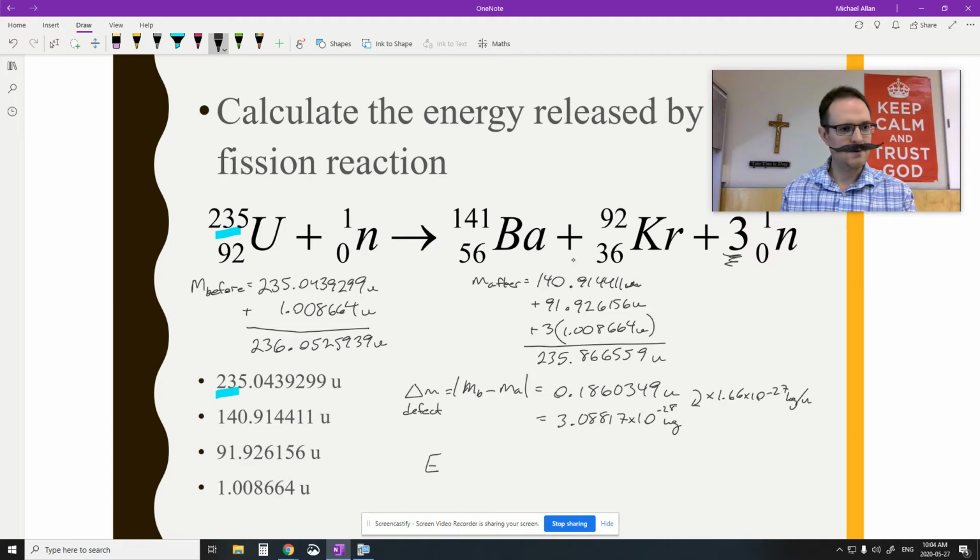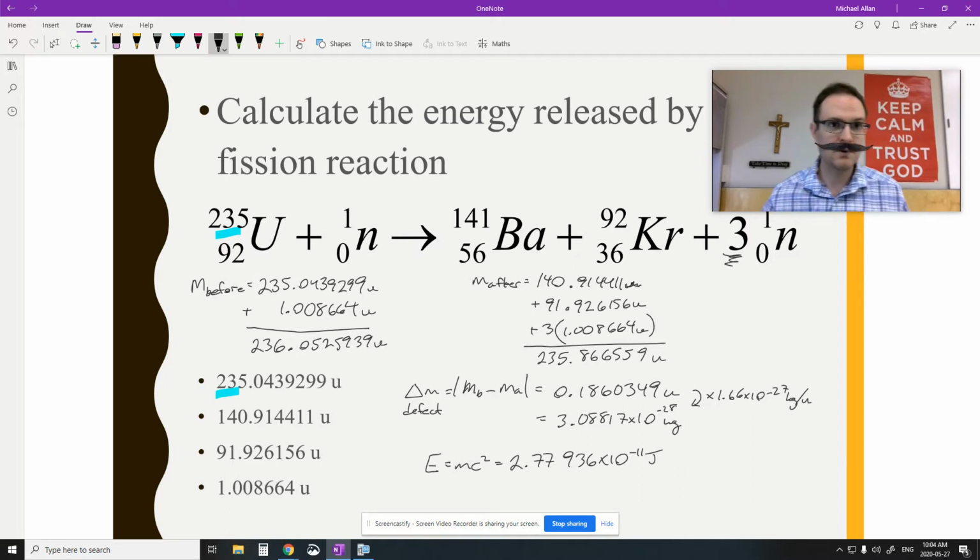Okay, then I'm going to find the energy here. Easily, E equals mc squared. I'm not going to write it out, sorry. And we're going to get 2.7796 times 10 to the negative 11 joules.